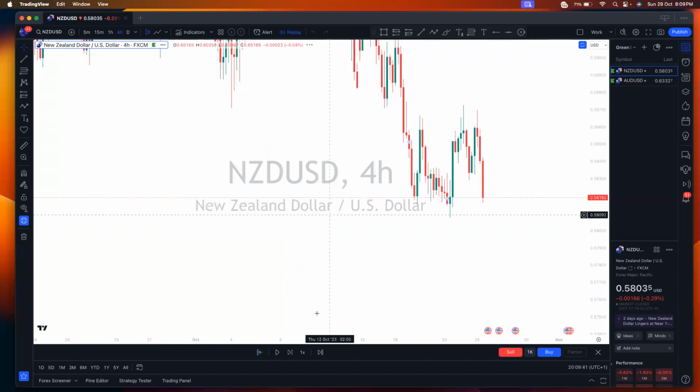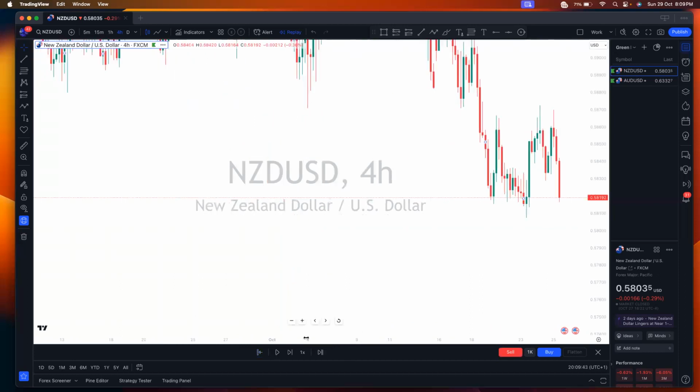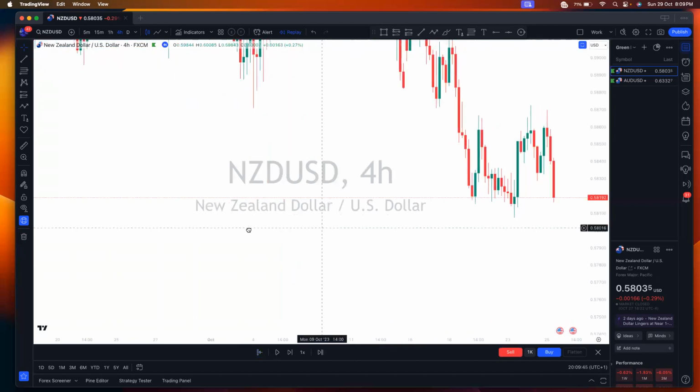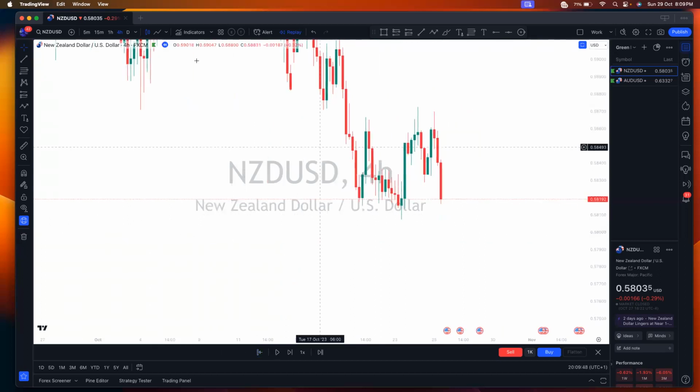So now, if you look at this market currently at the 1 hour time frame, you see that price was more or less looking like a range. Do you understand? But then price was pushing down.